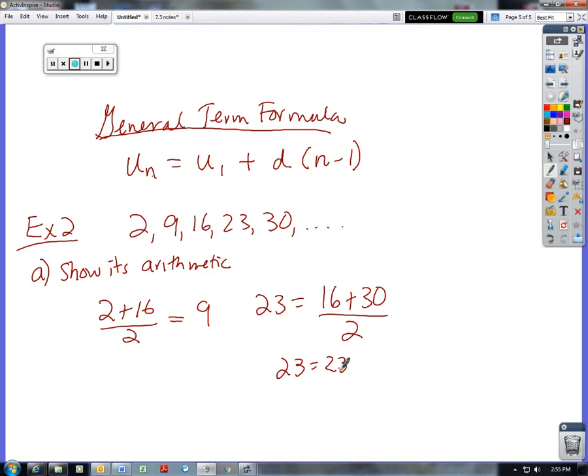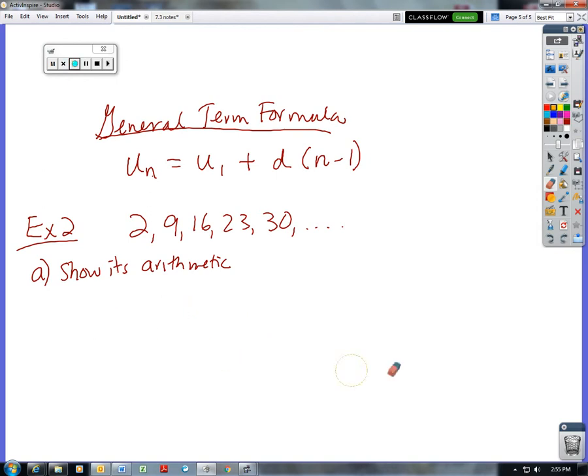Now, looking at the IB book, what they did instead, and on the IB exam, I'm not sure if you did have this problem, I'm guessing the way I did it would be correct. I mean, it is correct. So hopefully the IB graders would be open to a couple different ways to prove this. You could also just show the common differences. 9 minus 2 is 7, 16 minus 9 is 7, 23 minus 16 is also 7, and so on.